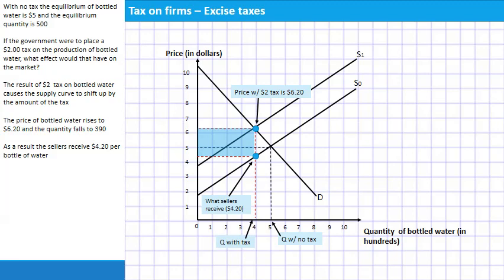That's the tax revenue. Tax revenue is simply the price of the tax times the quantity sold with the tax in place, which is always that point right there. So the revenue for the government is the amount of the tax multiplied by the quantity with tax. So in this case, it would be $2 times 390.